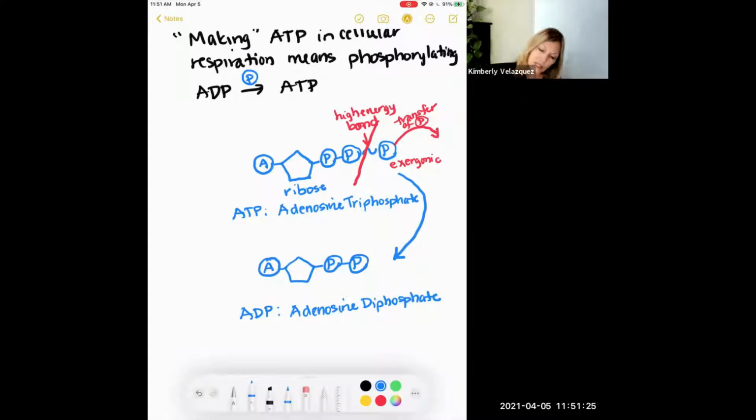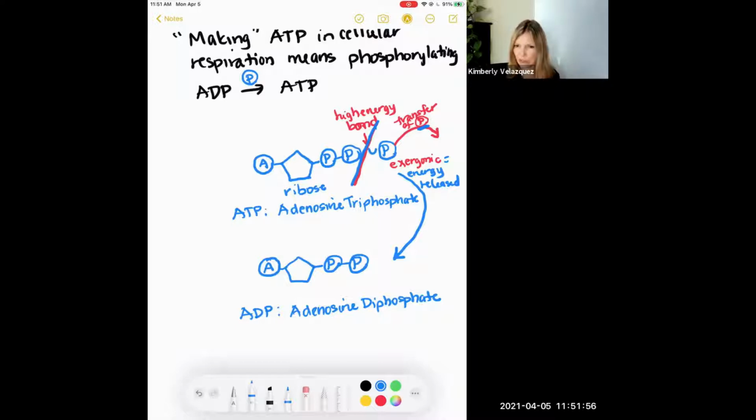So again, transfer of that phosphate group, breaking that bond and transferring that phosphate group to another molecule. Energy was released when that bond was broken, and that energy that was released is now being transferred in the form of that phosphate group. So when that phosphate group gets transferred, that provides energy to something else to carry out a chemical reaction. That is an energy transfer.